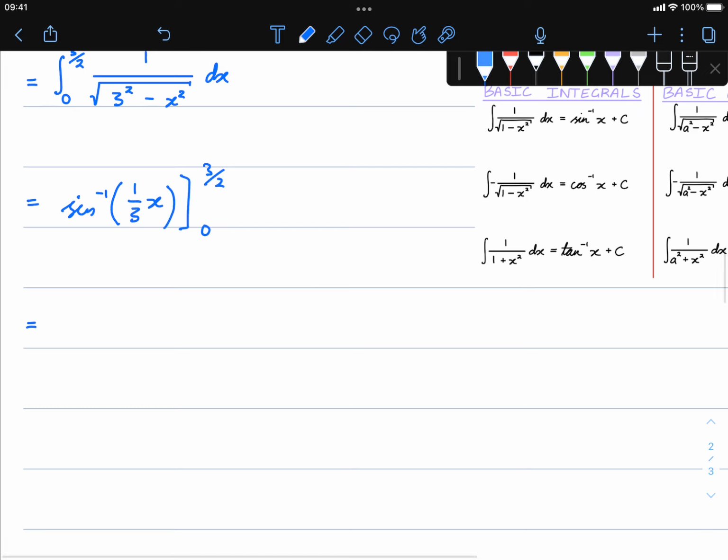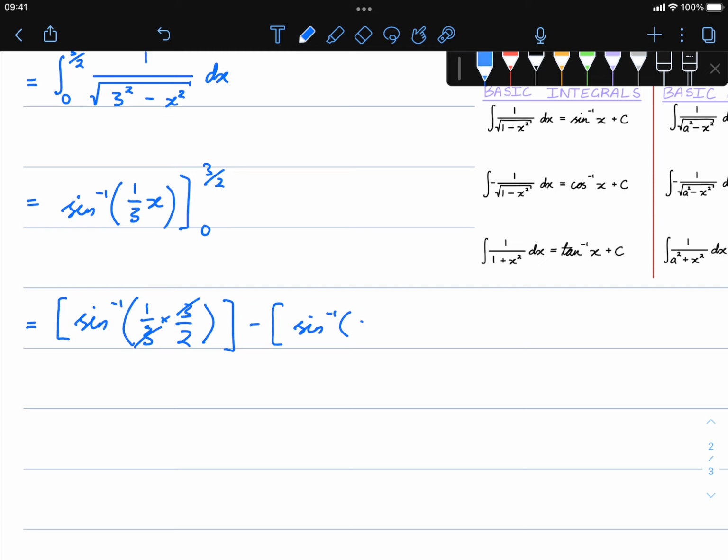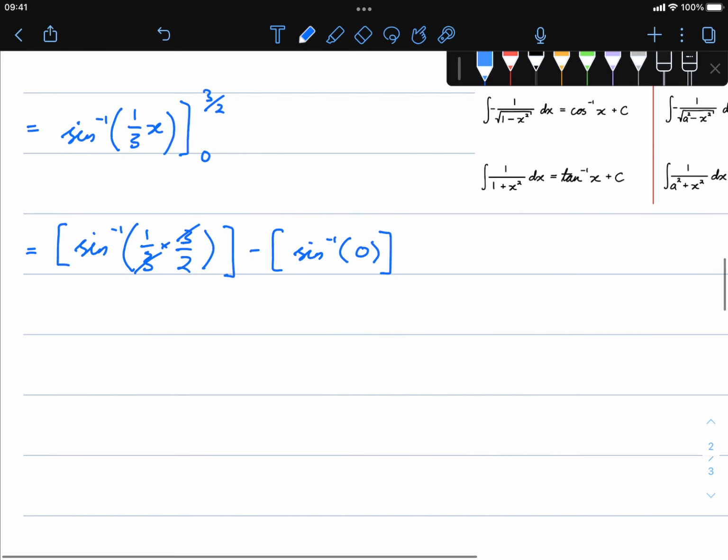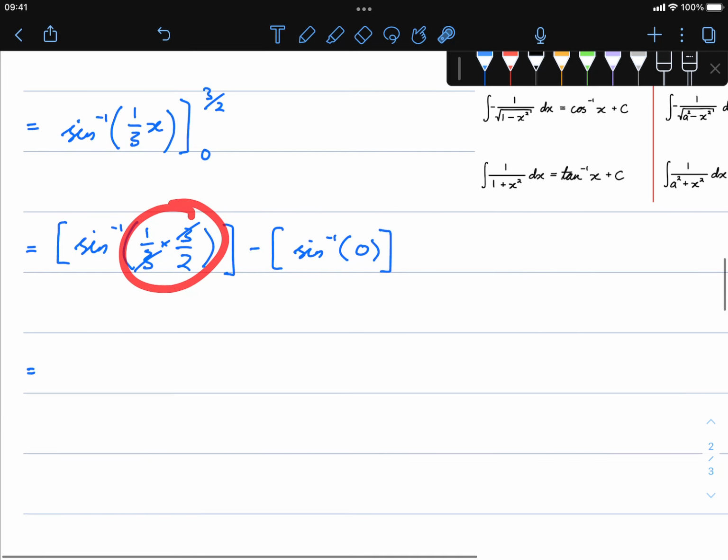Substituting 3 on 2, we get sine inverse of 1/3 times 3 on 2, which cancels out like so, minus sine inverse of 0. This right here is sine inverse of half.